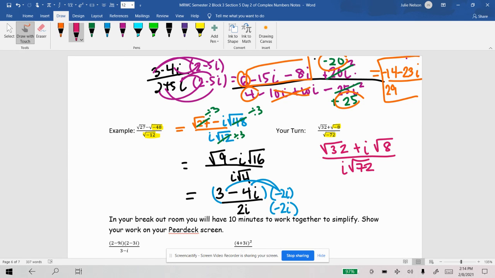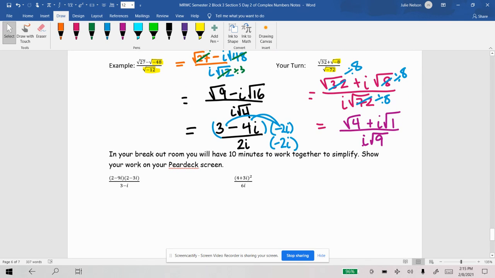Now, since they're all inside a square root, you always want to look to see what they all have in common that it could reduce by. If I look at 32, 8, and 72, I notice that they all divide by 8 inside the square root. And so when I do that, now I have the square root of 4 plus i square root of 1 over i square root of 9.